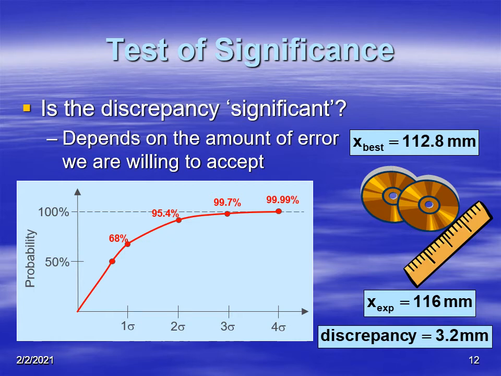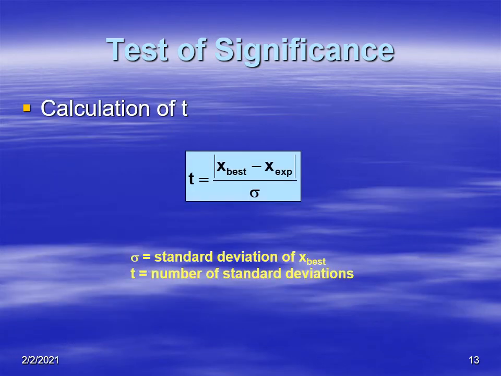So that would be simply 112.8 minus 116, which gives you 3.2 millimeters in this case. To calculate our t-value, we take the discrepancy, the best estimate minus the measurement, divided by your calculated standard deviation for the set, and that gives you a value of t.